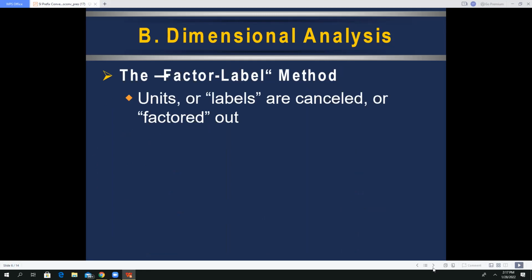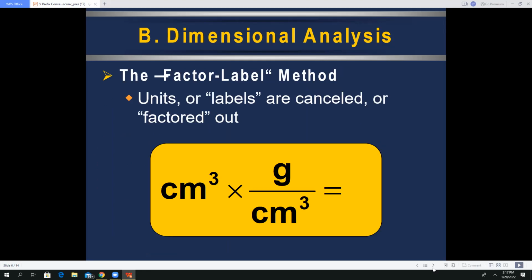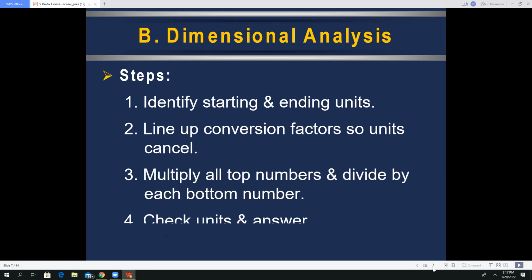Okay, so this is the other way, the factor label. In order to change it, you factor out the one that's common, and you get the answer as the only one that's by itself. So how do you do it? Here are your steps. You first need to identify your starting and your ending units. Then you line up your conversion factors so that the units will cancel. If you have to flip them, flip them.